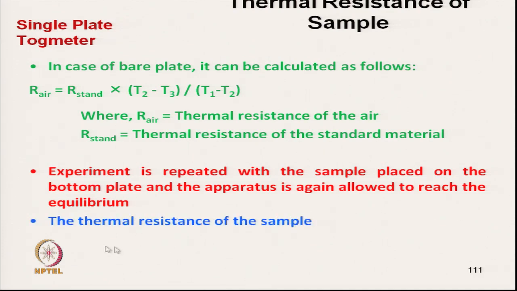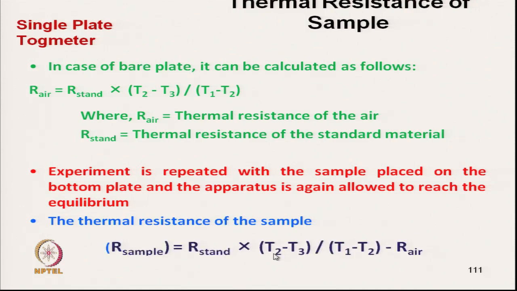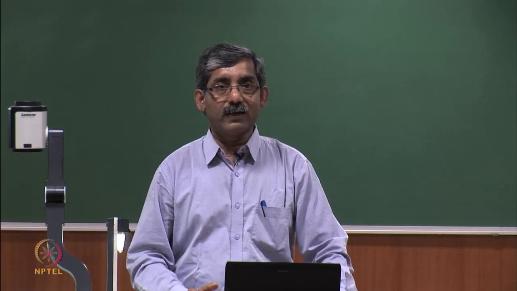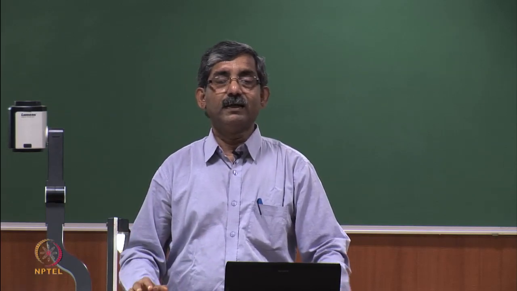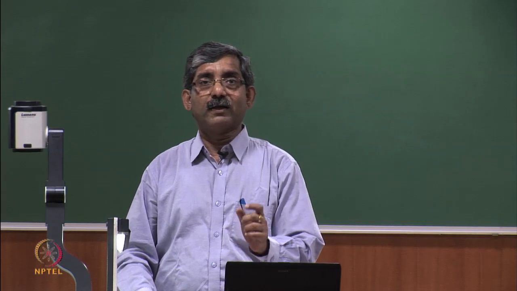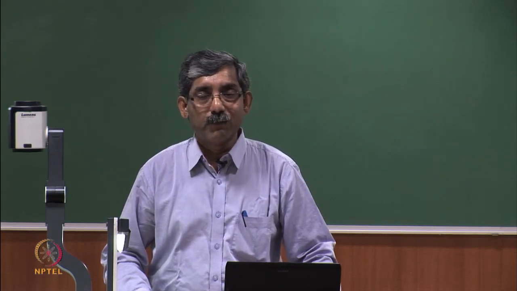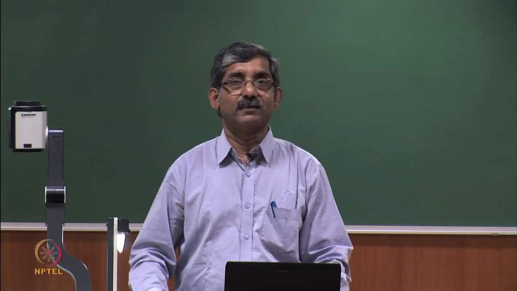The thermal resistance of the sample is calculated by subtracting the R air value. So, these are the two methods used for measuring the insulation of fabric by comparing with the known resistance of the standard plate.